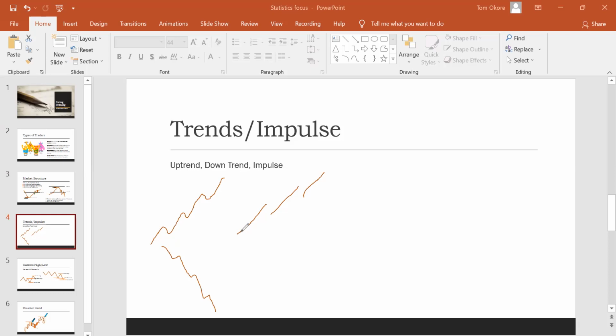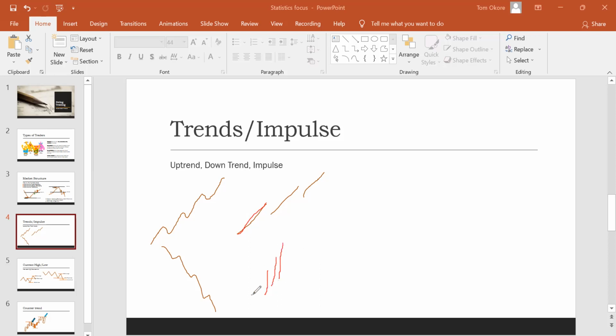Let's say this was a candle. If this candle comes and goes like that, and then there's another candle next to it, the series of candles following each other form a trend.